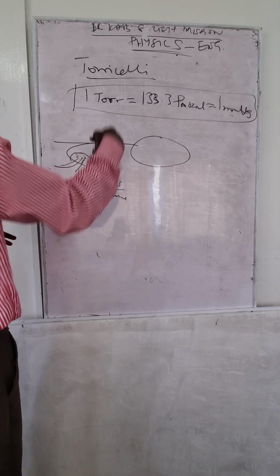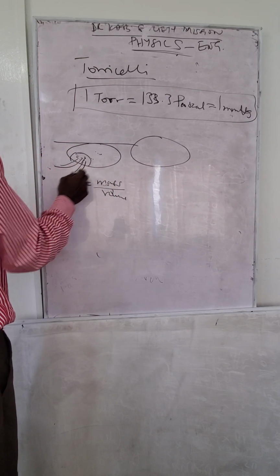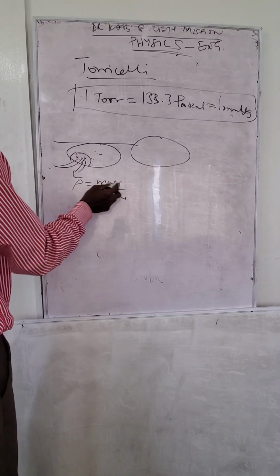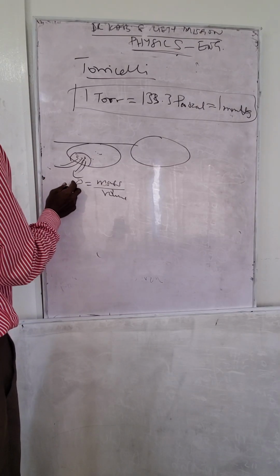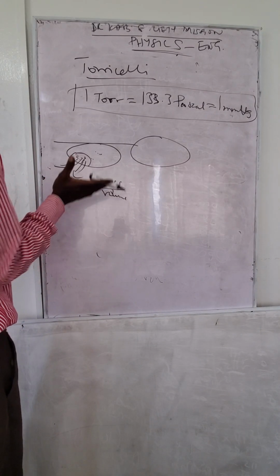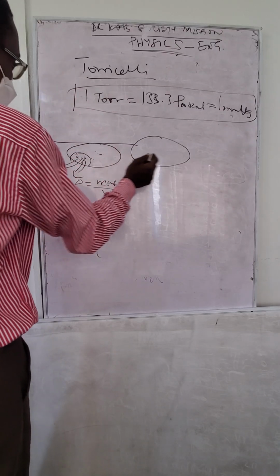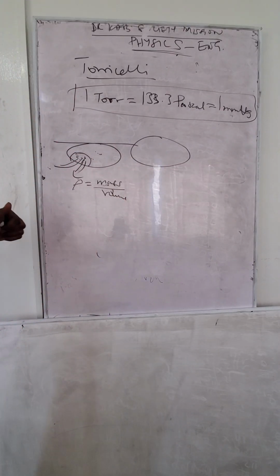Now if you want it to float, the water will be let out. When it's let out, mass has been reduced, so density reduces, and then it floats and comes up. That is the principle the submarine uses to come up and to submerge. We move on.